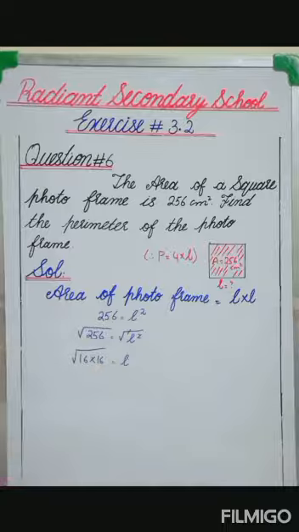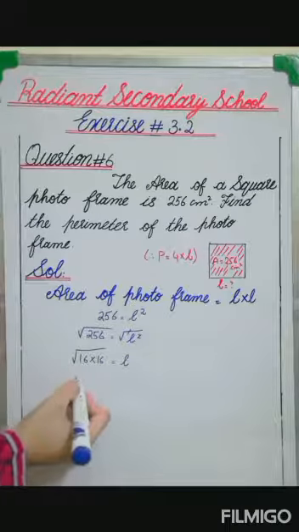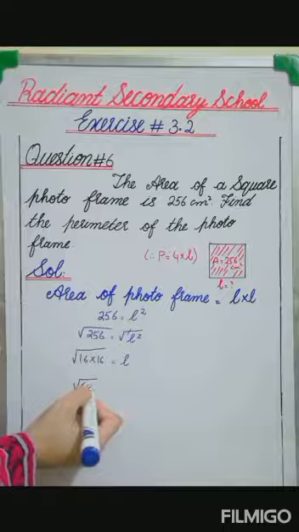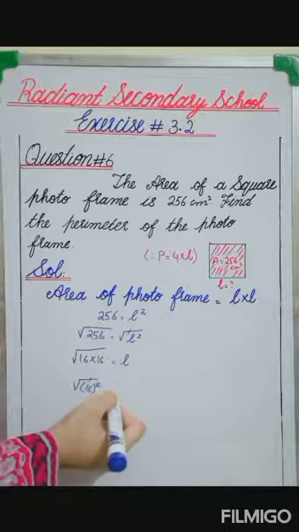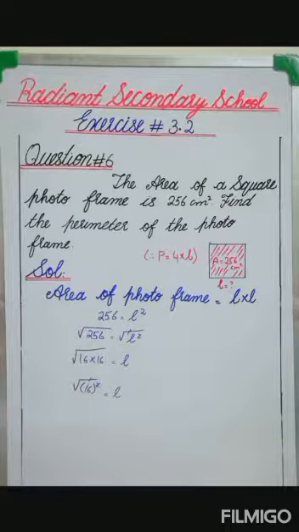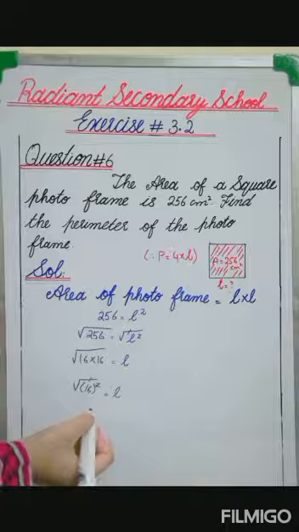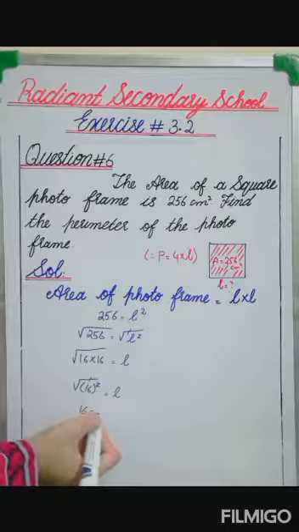Now you can see 16 is being multiplied by itself 2 times. So I will write 16 square. This square and this square root sign will be cancelled because the value of square root sign is 1 by 2. So the value of length is 16 centimeter.